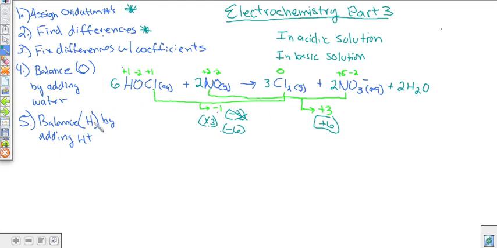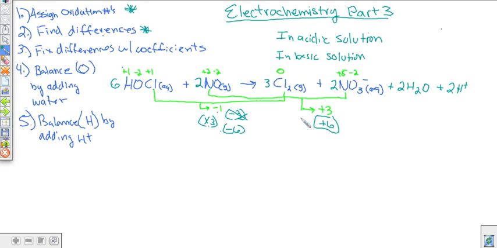And then the last step is to balance it by adding hydrogen ions. This is in acidic solution, so we've got the hydrogen over here in the molecular form, and then on this side it's going to be aqueous. So we have 6 hydrogens over here, and we have 4 already over here because of the water, which means that we're going to need +2 hydrogen ions.